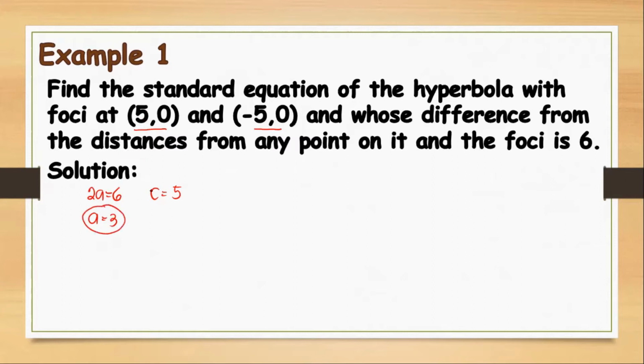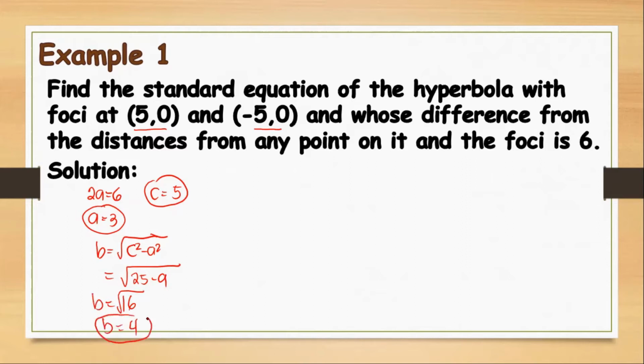We have our a, we have our c, and so our b is equal to the square root of c squared minus a squared. So we have the square root of 25 minus 3 squared, which is 9. So that is the square root of 16. So our b is equal to 4.